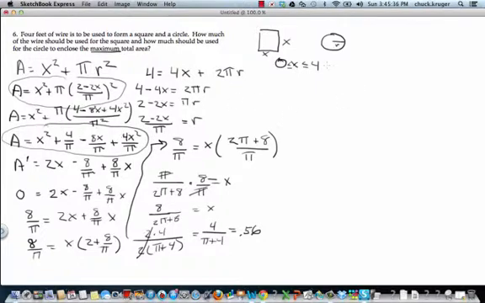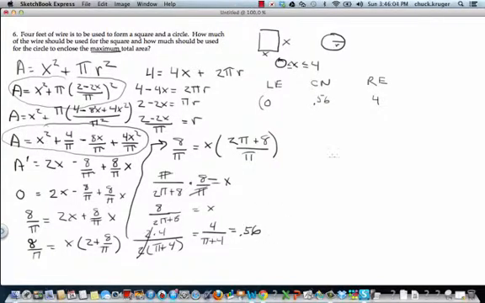So I have my left endpoint being 0, my critical number being 0.56, and my right endpoint, again this is for the square for x, is 4.